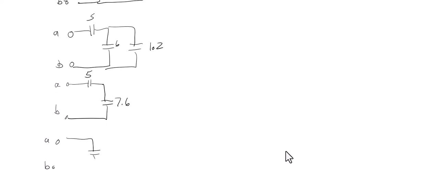It's just 2 of them. So I can say product over sum, 5 times 7.2 over 5 plus 7.2 is 2.95 farads.